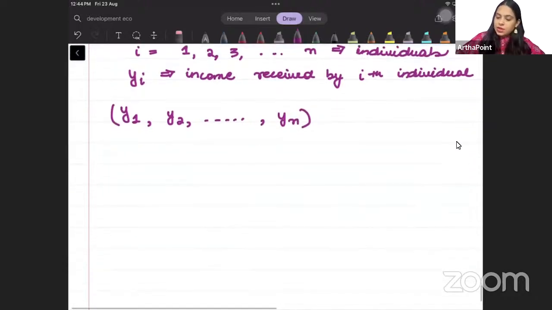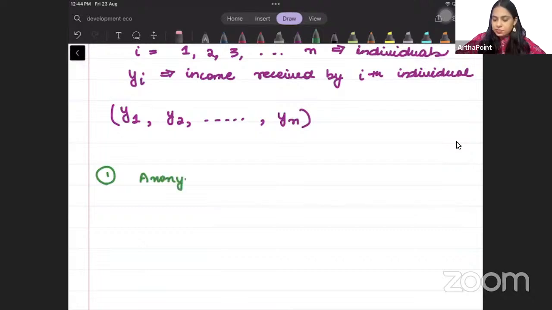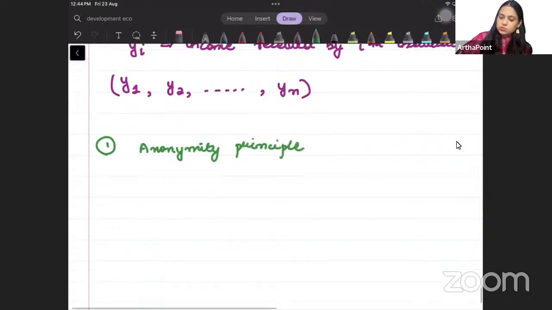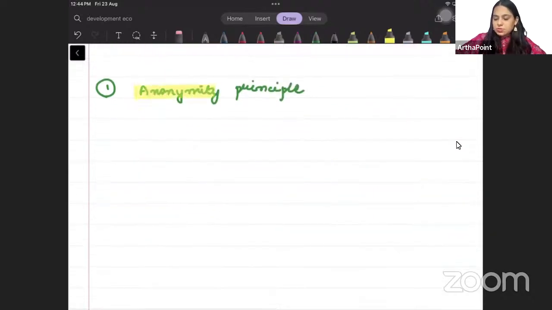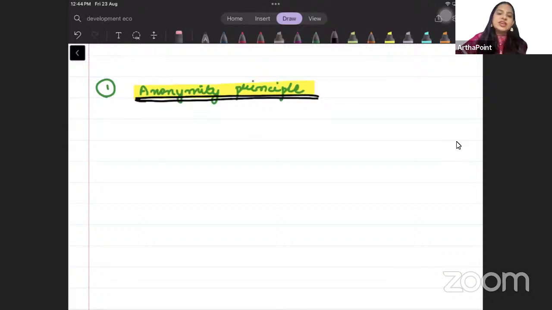Okay, now let's talk about the first principle, the first criterion, and that is known as the anonymity principle. What is the anonymity principle?